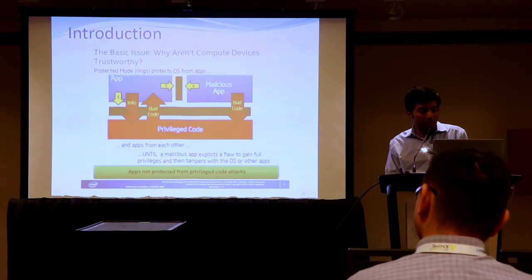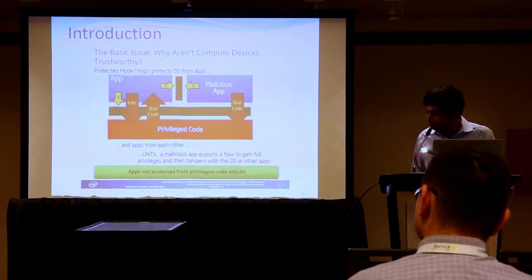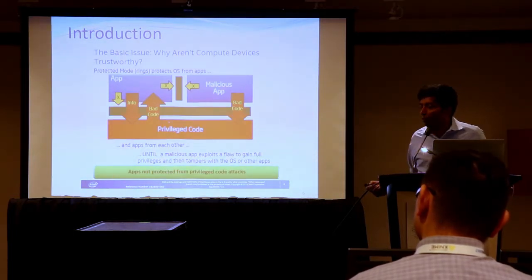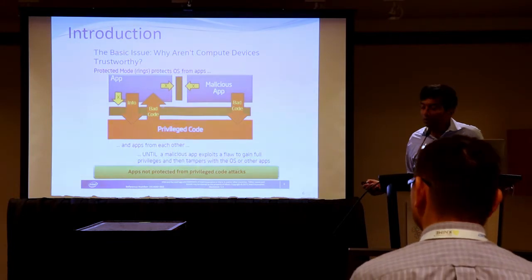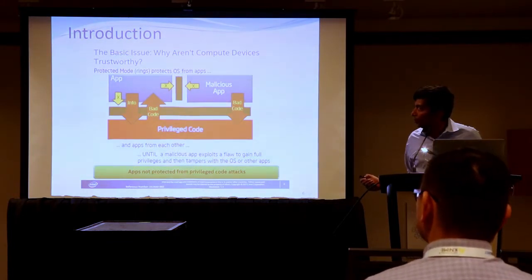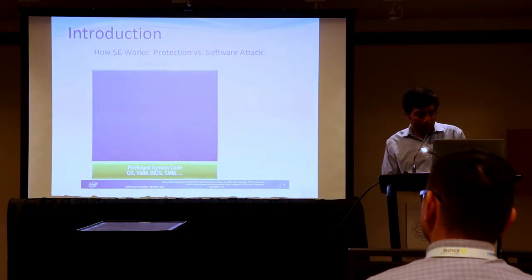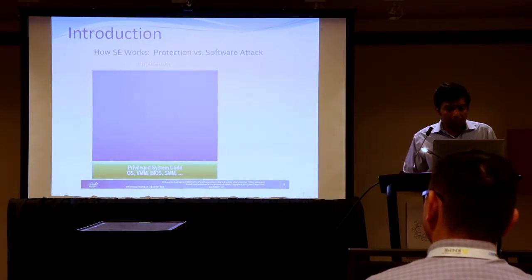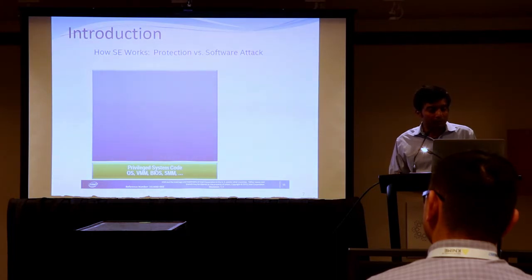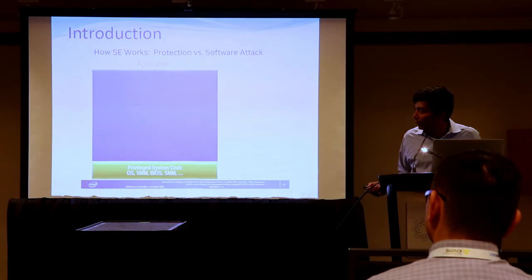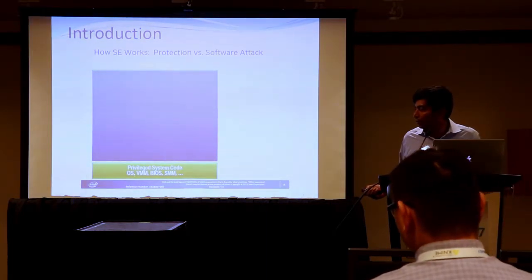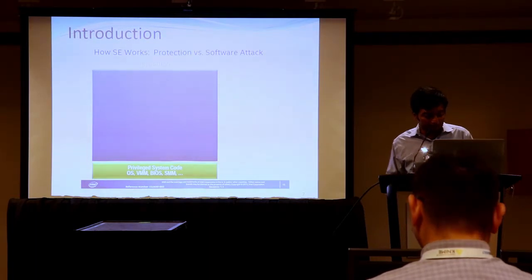So the key point here is, even if your OS is compromised, we want to protect the applications we are running. Is it possible? In this presentation, we want to protect the applications even if the privileged system code, OS and hypervisors, are compromised.